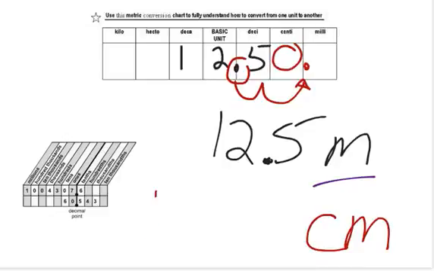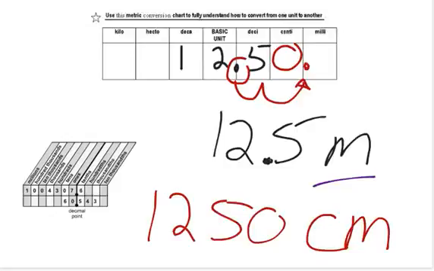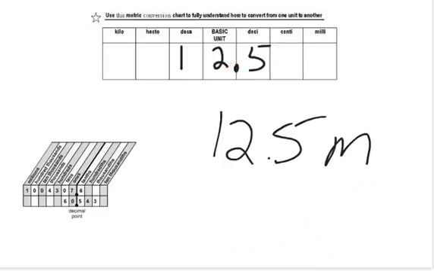If I move it like that, it will now be here. I will need to add a 0, and now I discovered that it is equal to 1,250 centimeters. So 12.5 meters is equal to 1,250 centimeters.